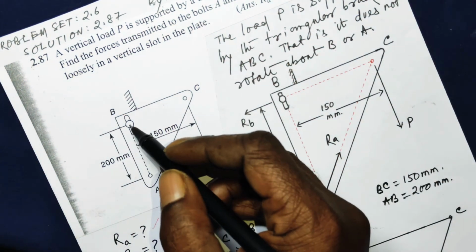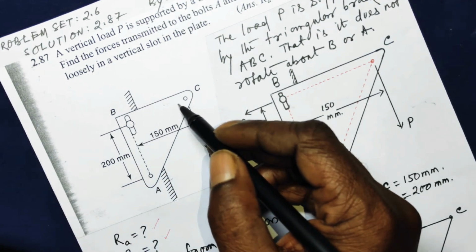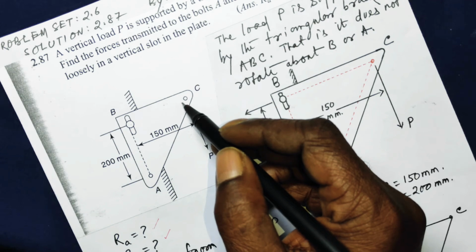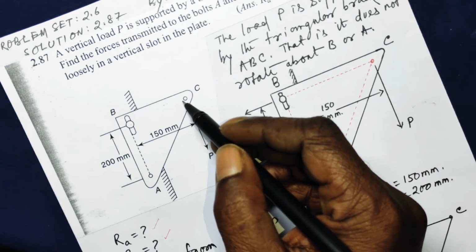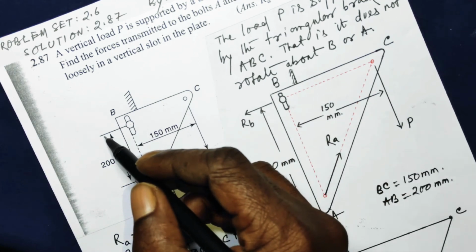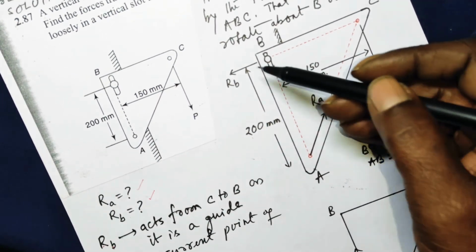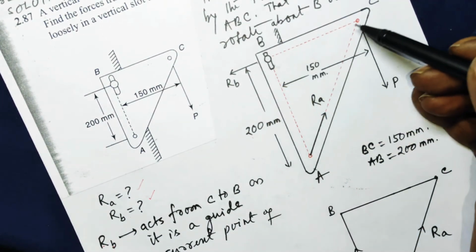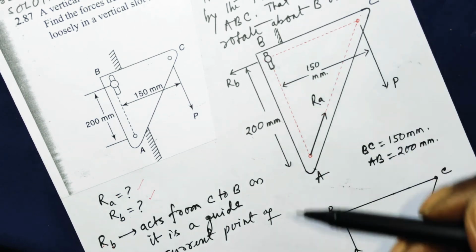Means at point B, there will be some action force towards the right. And according to Newton's third law of motion, there will be a reaction force exactly in the opposite direction, that is from C to B. And let it be RB. So the reaction force RB acts from C to B, since it is a guide.